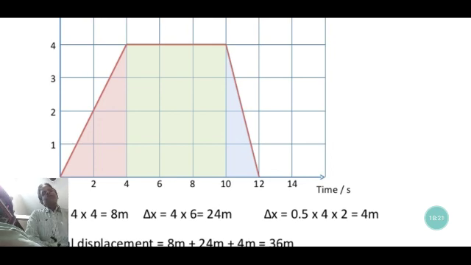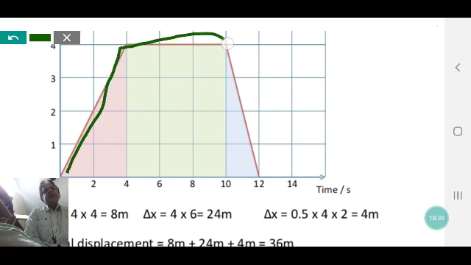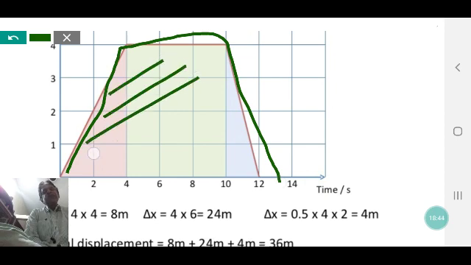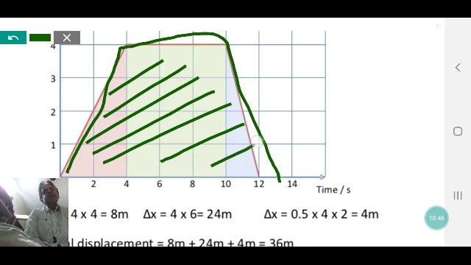How can we find the total displacement of the object moving under acceleration? The area under the velocity-time graph gives the magnitude of displacement covered during the time interval 0 to 12 seconds.